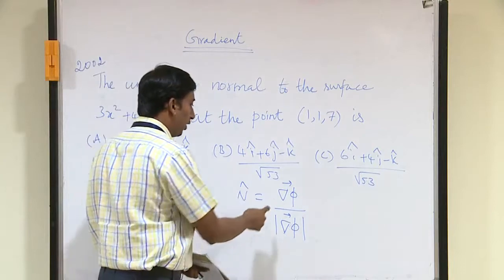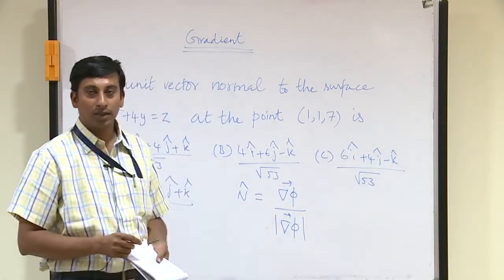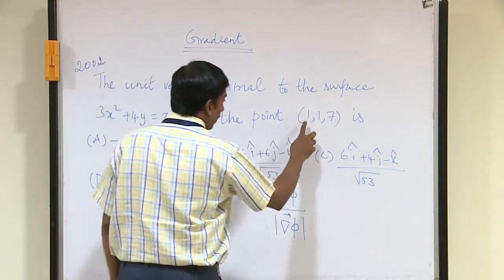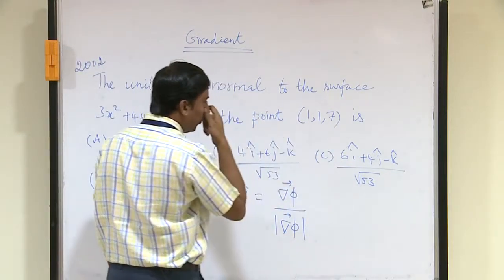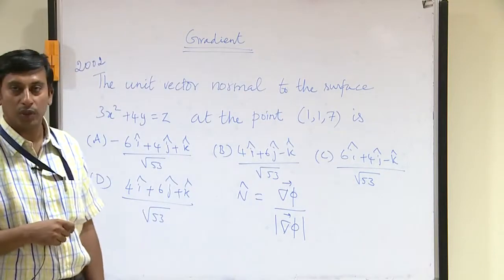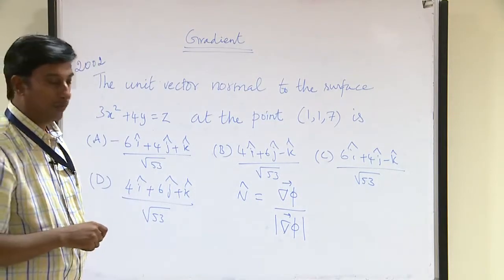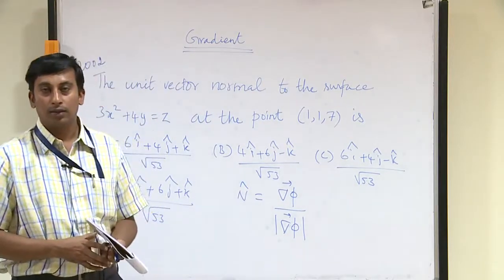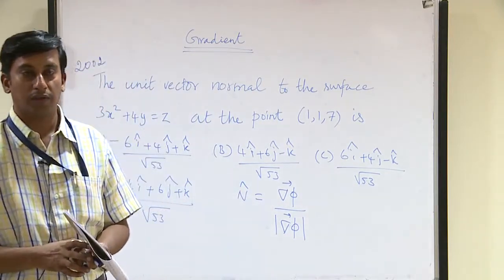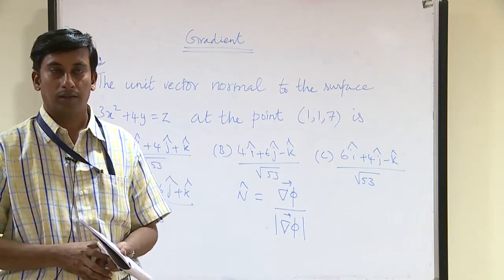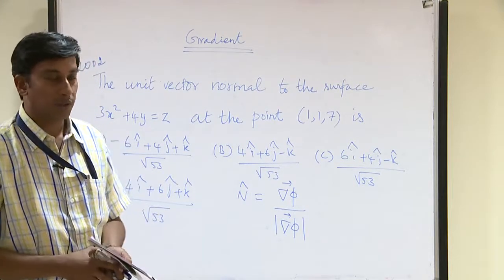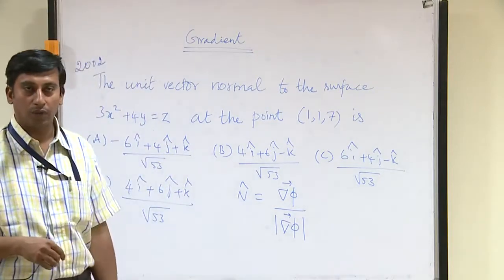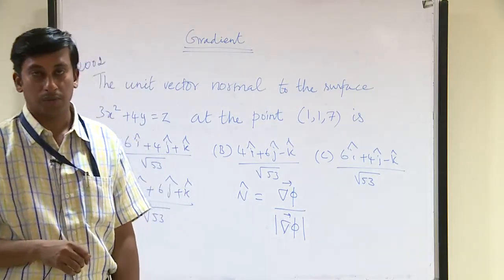You need to find the gradient of phi first, then substitute and evaluate it at the point (1, 1, 7), and then divide by the normalization factor. Then you will get the unit vector normal to the surface 3x square plus 4y minus z equal to 0.